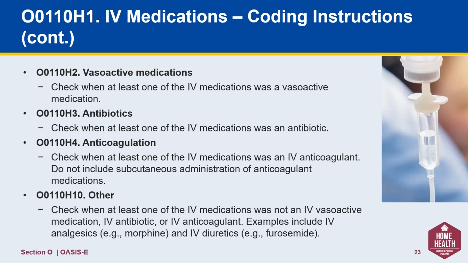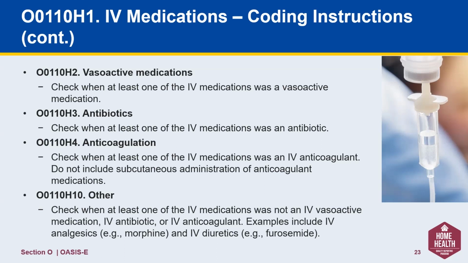You would use H2 vasoactive medications when at least one of the IV medications has a vasoactive effect. H3 antibiotics when at least one of the IV medications is an antibiotic. And H4 anticoagulation when at least one of the IV medications is an IV anticoagulant.